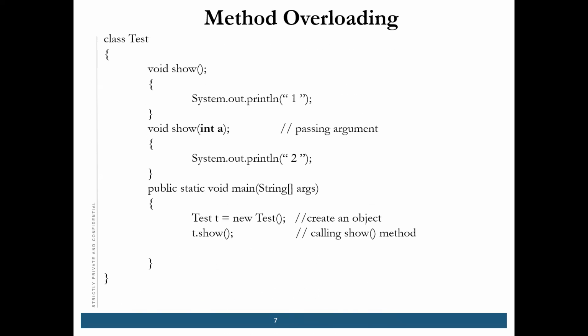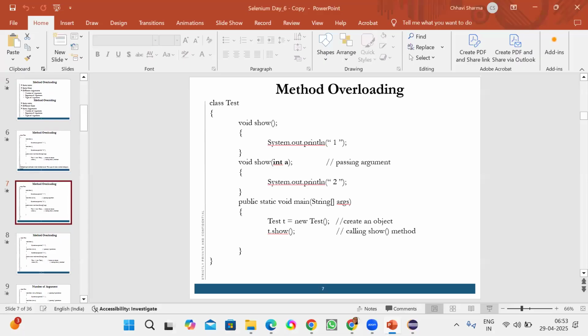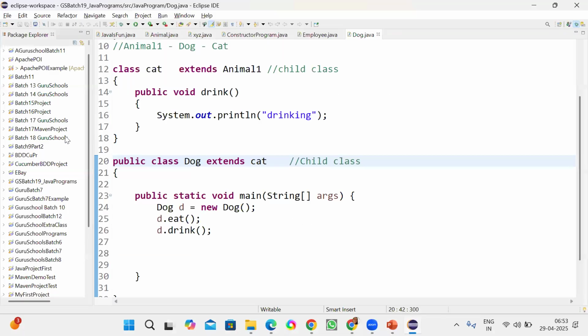So the correct way is passing different arguments with the same name. We'll do this in Eclipse. It will be more clear to you. So in batch 19, I'll add one more class.